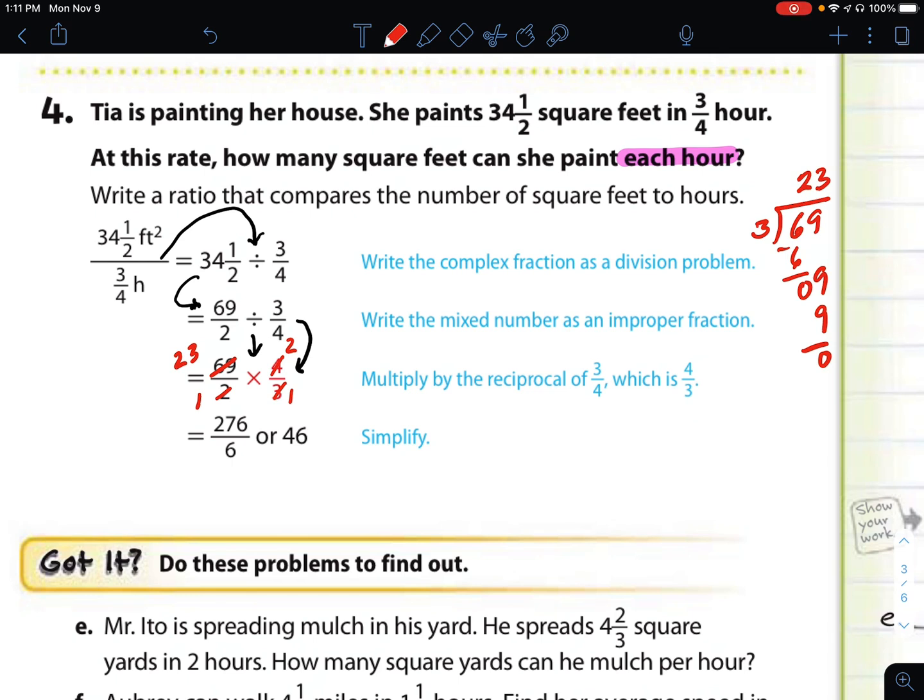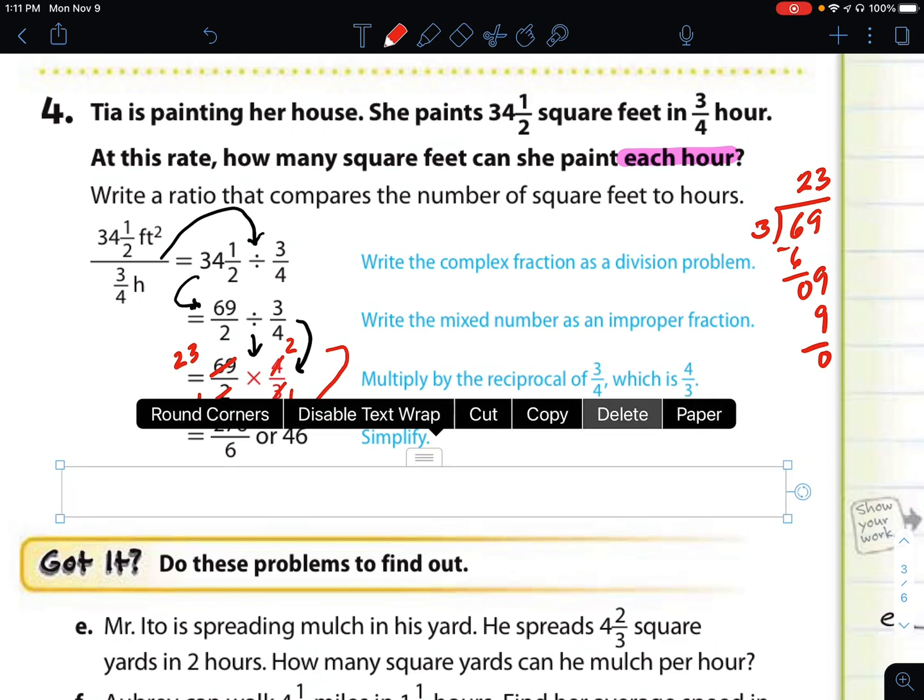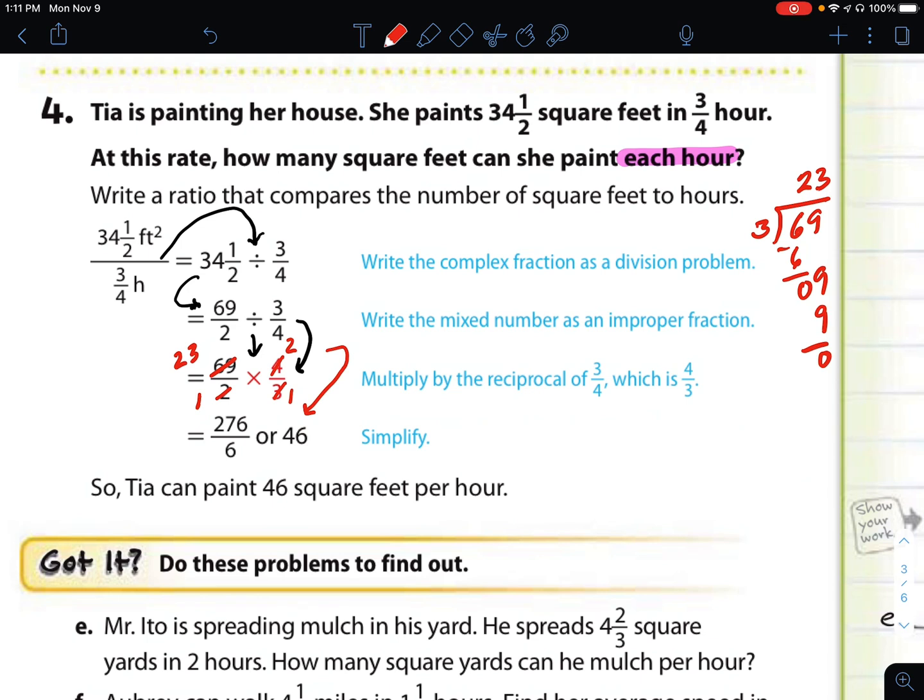If we do our math here, 23 times 2 is 46 over 1, or simply 46. So in this case, Tia can paint 46 square feet in 1 hour, or 46 square feet per hour. Again, this is an indication of a unit rate, feet per hour.